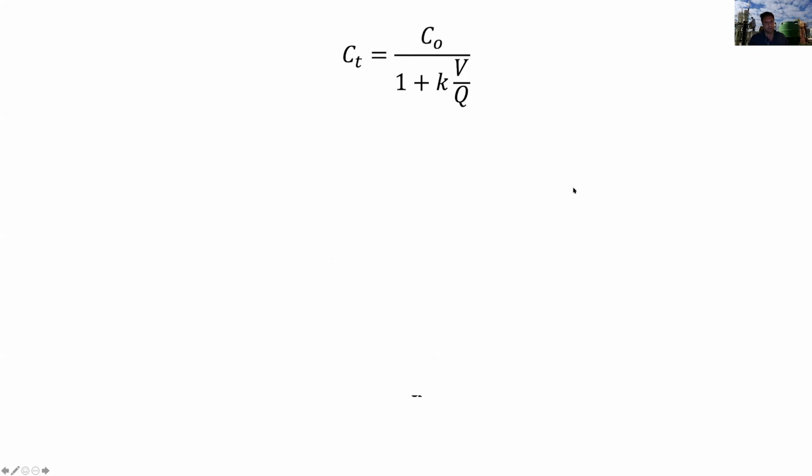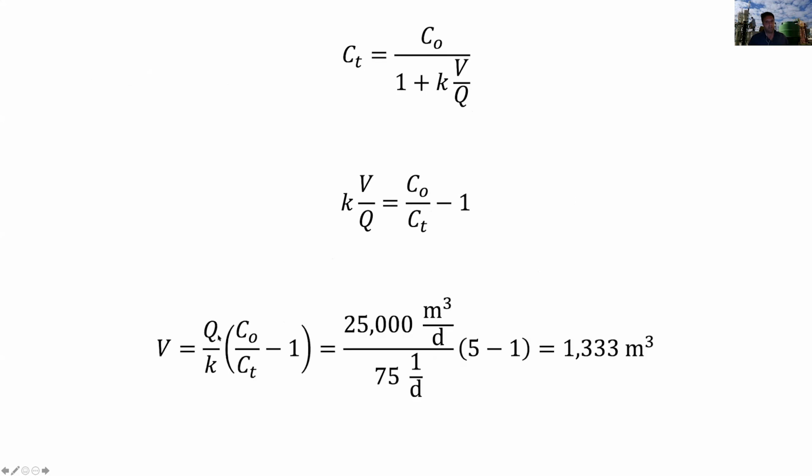So if we take that equation, we substitute V over Q for the mean hydraulic retention time, and then we rearrange the equation to solve for V. We plug in the values then for the flow rate and the K coefficient, and we get a solution for volume of 1,333 cubic meters.